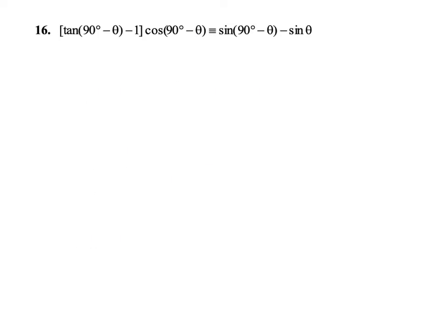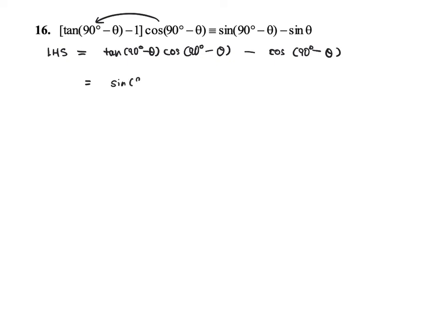Okay, so you start with left-hand side, so you times it in first. So what you have will be like this, and like this. And then you will have sine 90 minus theta, minus sine theta.